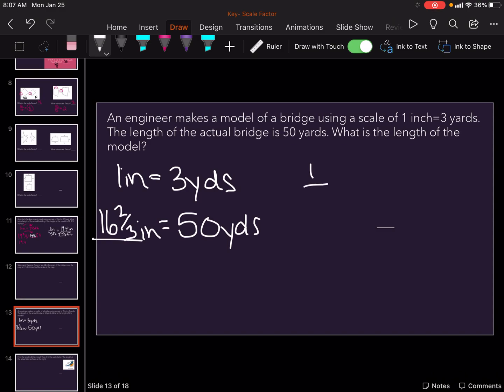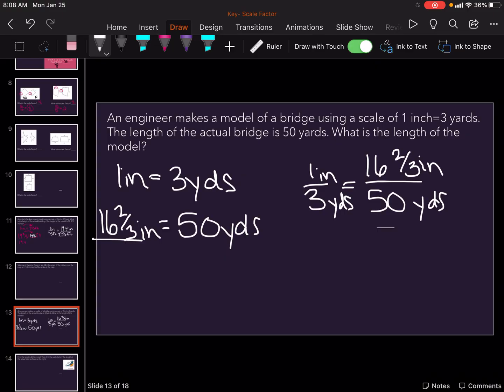You can also set it up like a proportion: cross multiply and divide. 50 divided by 3 is 16.6666, which is 16 2/3 inches. So you can use your scale factor or set up a proportion. Go ahead and finish the rest and then check the key.